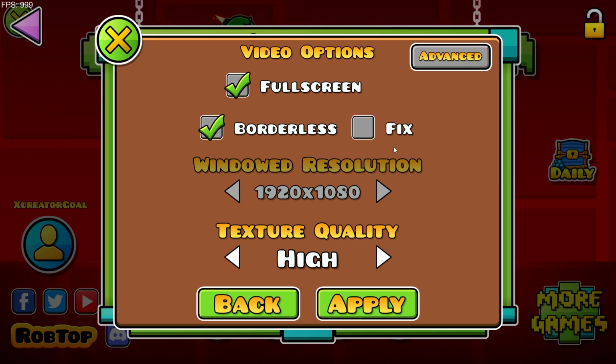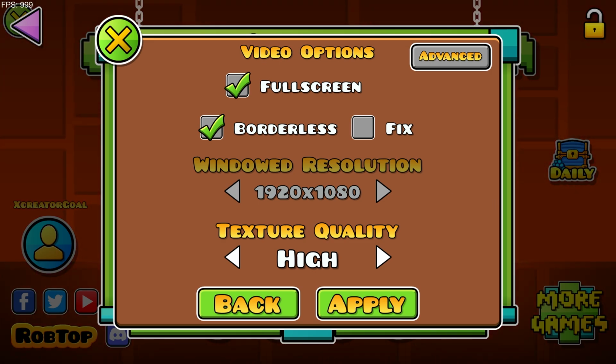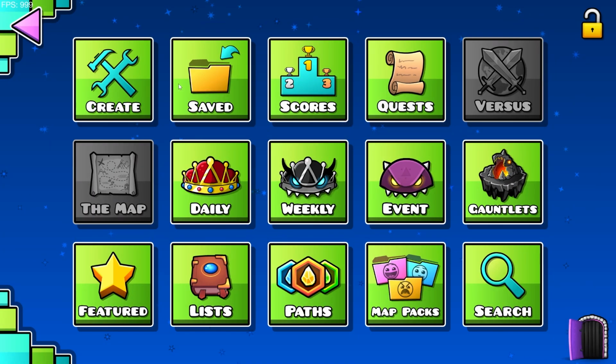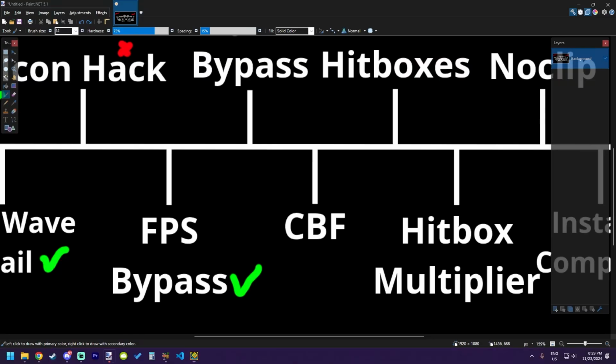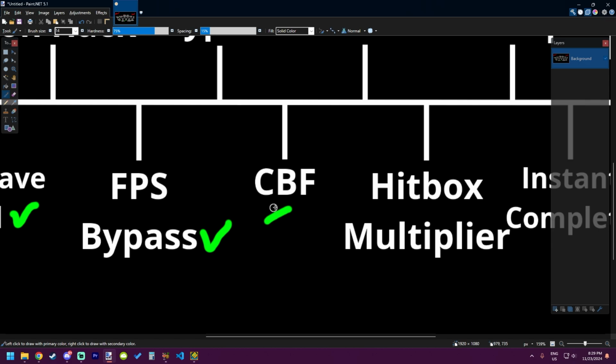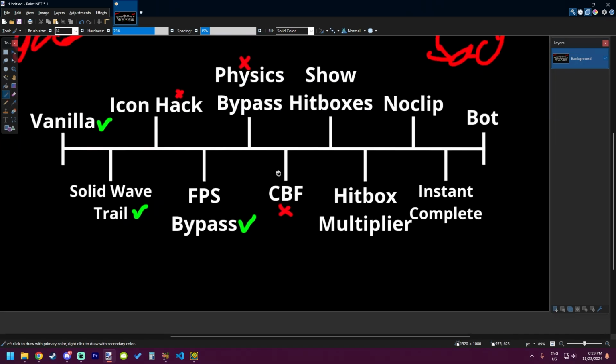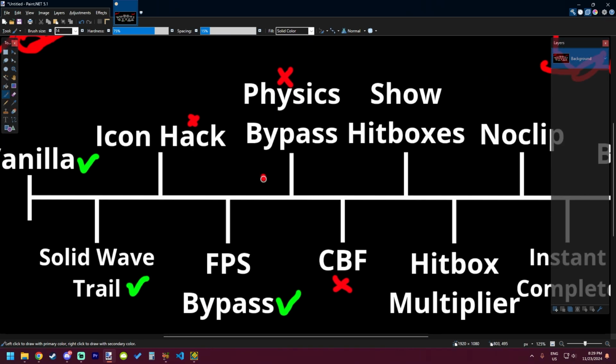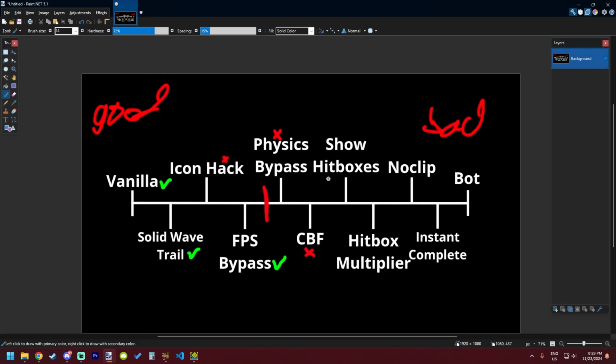But using click between frames is technically changing the physics of the game because you can click at a frame where you normally would not be able to. So I'm not saying this is a no-no. So I kind of feel like this is where my line will be, but we're gonna have to see.